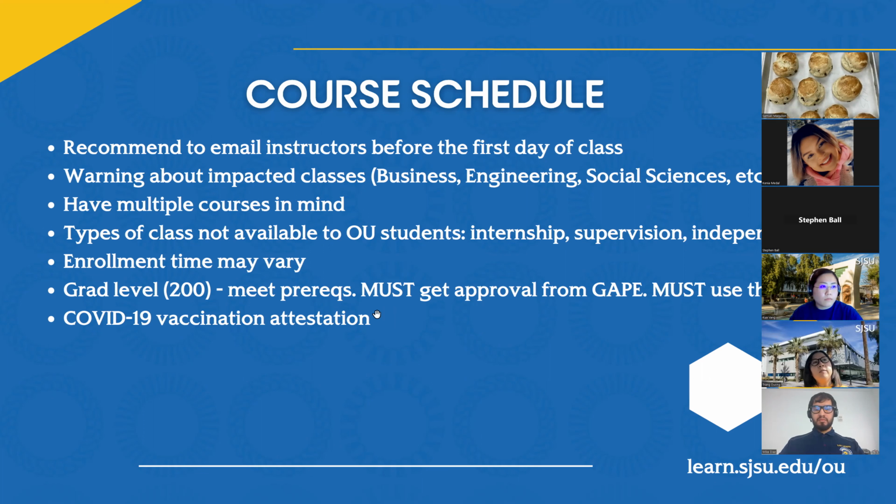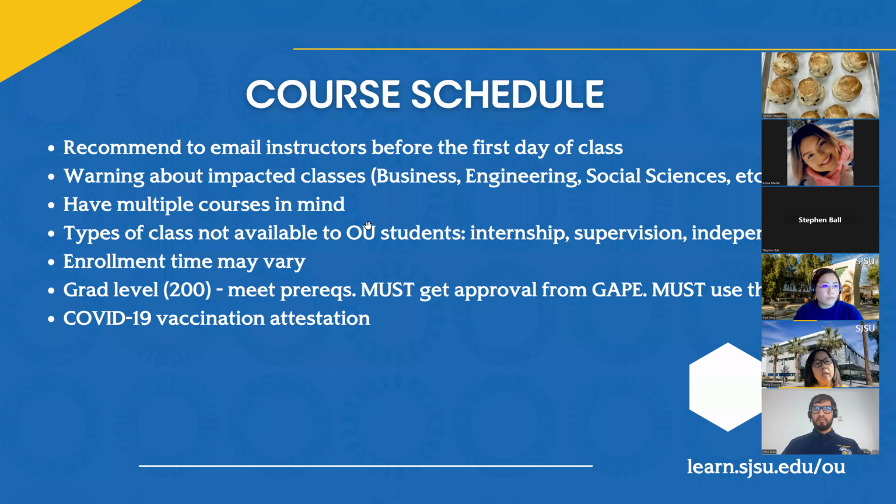SJSU will deactivate your account about every other semester. So if you attended San Jose State more than a year ago, your account will be deactivated. We have a website where, if you have your student ID and answer some questions to identify you, they can activate your account when you log in.